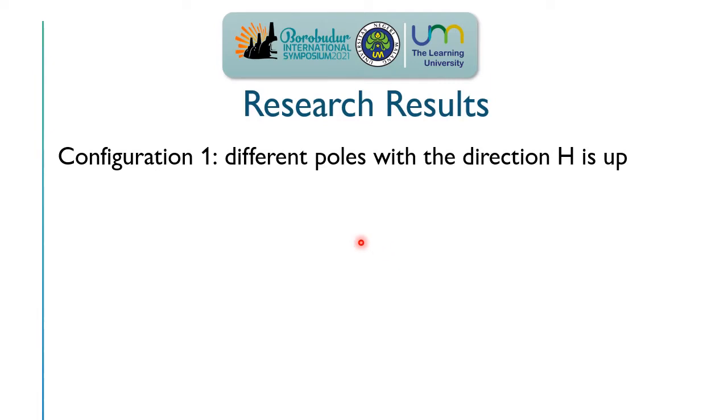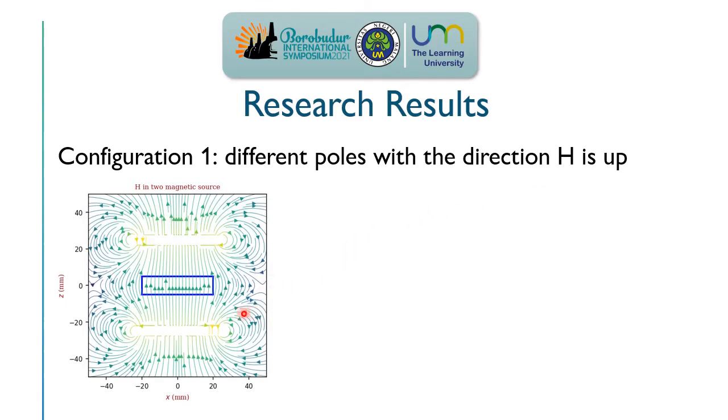The research result in configuration 1, different poles with the direction of H up. This is the result of the simulation. This is a different pole, and we arranged H to strike up.